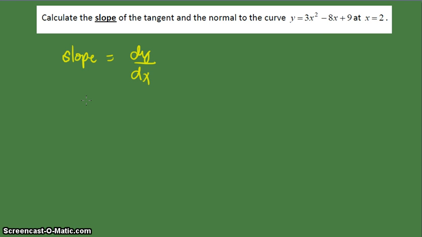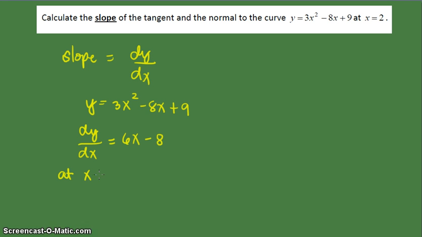x. So if y is equal to 3x squared minus 8x plus 9, then dy over dx is equal to 6x minus 8. So the slope at a given value is the derivative at that value. So at x equals 2, it says find the slope at x equals 2.